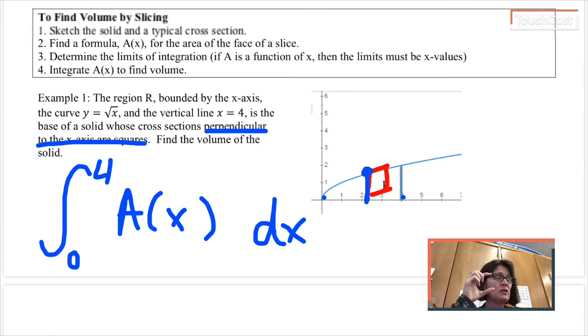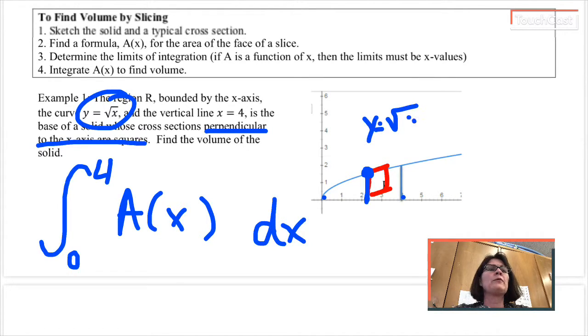And then once I know the height of the square, I can find the area by squaring that. So the question is, what is this y value when x equals, in this case, 2? Well, I have this expression here to tell me that y is equal to the square root of x. So when x is 2, y is the square root of 2.